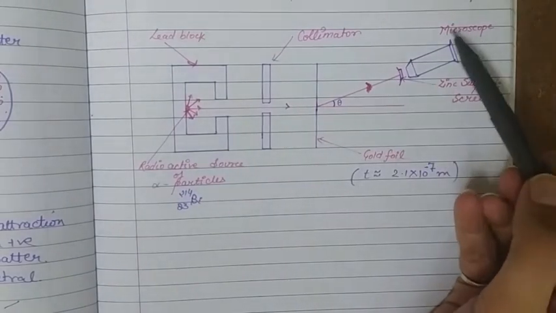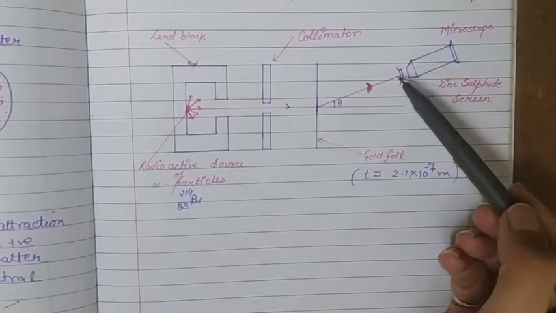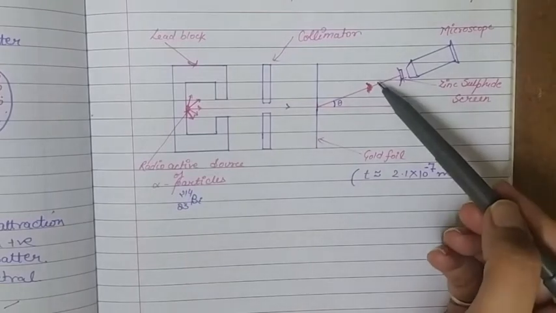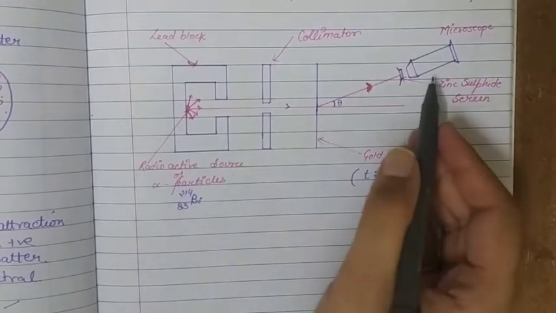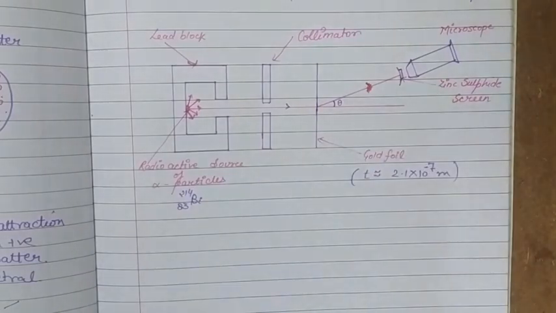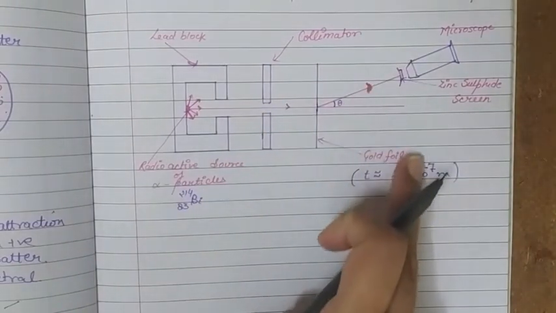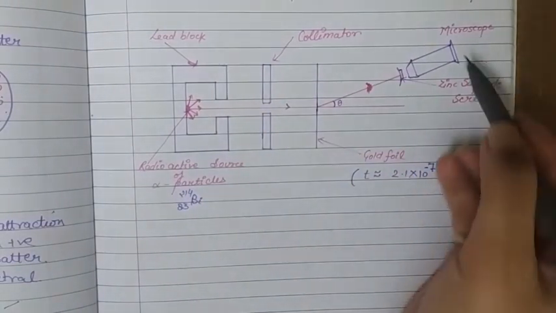We use a microscope to observe these alpha particles that are getting scattered in different directions, and this microscope is rotatable. So the detector that we are using is rotatable, so that it can be rotated to detect the alpha particles in every direction.